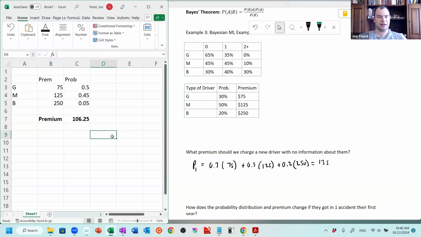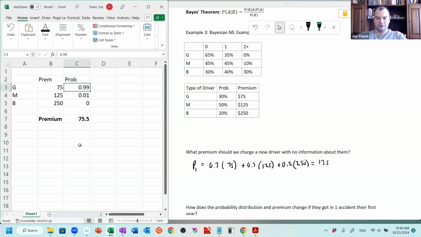If we think it's more likely that you're a good driver, you pay something closer to the good driver premium. If it was 0.99 and 0.01, so I'm really pretty sure you're a good driver, you might be a moderate driver and you're certainly not a bad driver, you pay basically just the good driver premium.